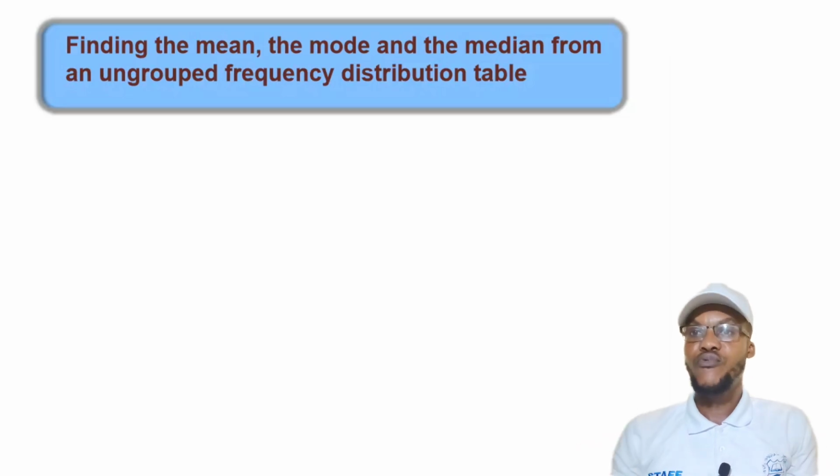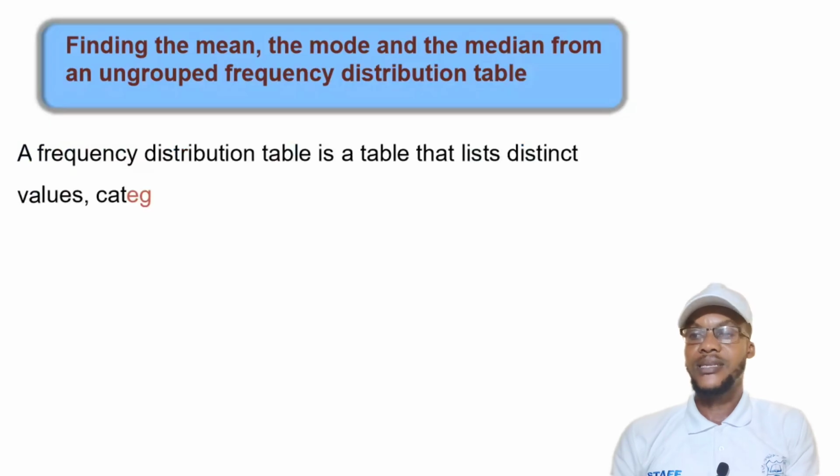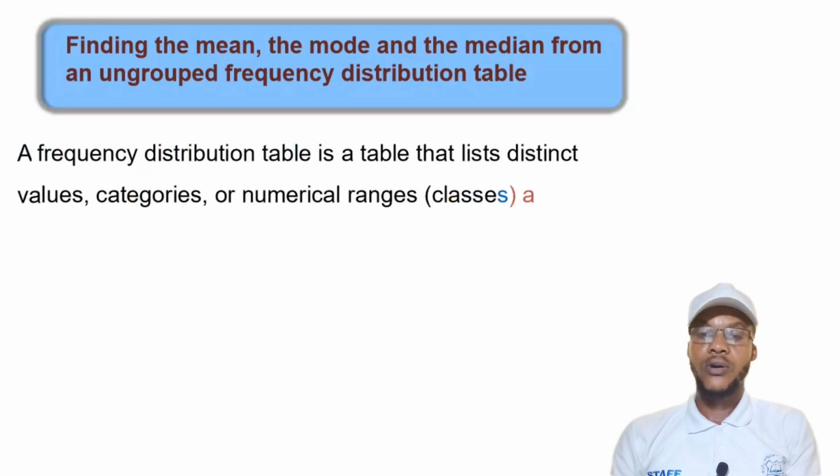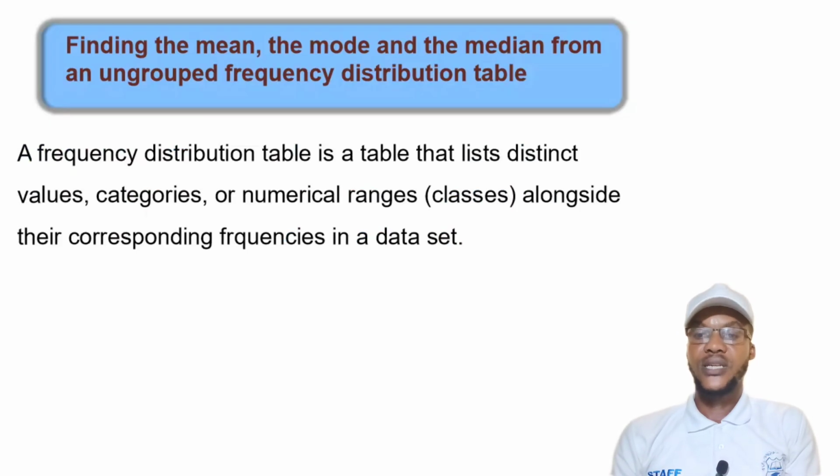But if they are not put in those classes, then we say it is an ungrouped frequency distribution. So first of all, what is a frequency distribution table? It's a table that lists distinct values, categories, or numerical ranges, that is classes, alongside their corresponding frequencies in a data set.